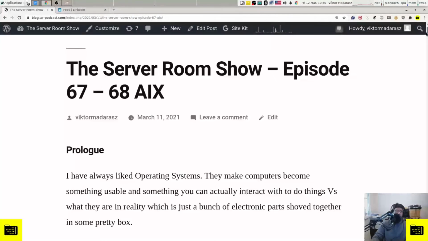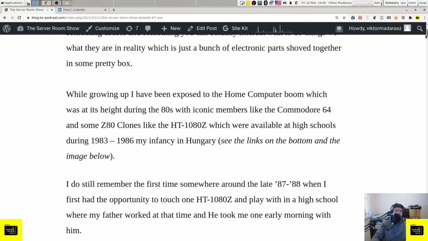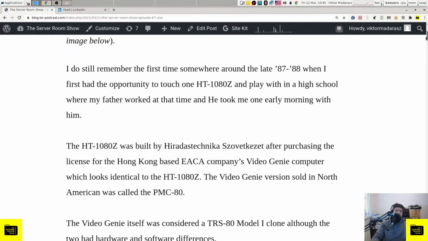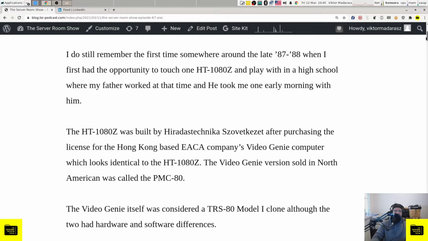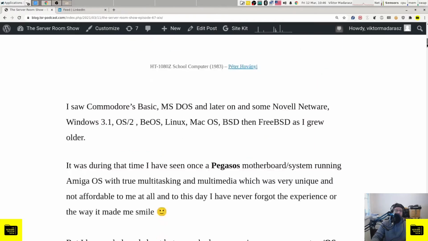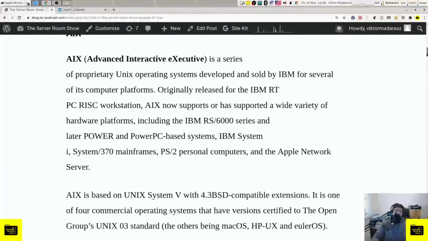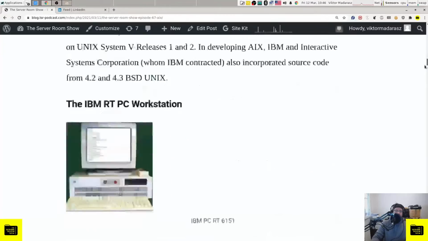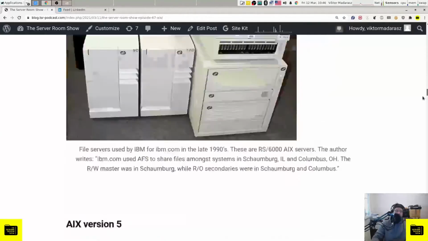It's good because I broke it up into a prologue where I talked about me and operating systems and some home computers I came across during my infancy and my early years, and I talked about AIX and a little bit about its history.